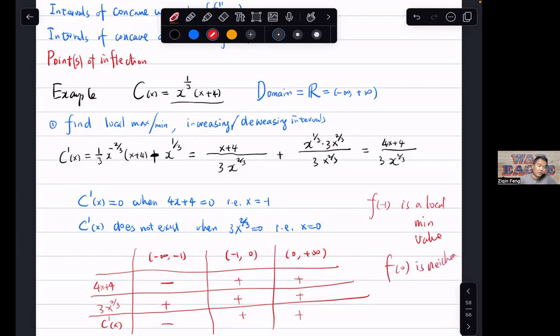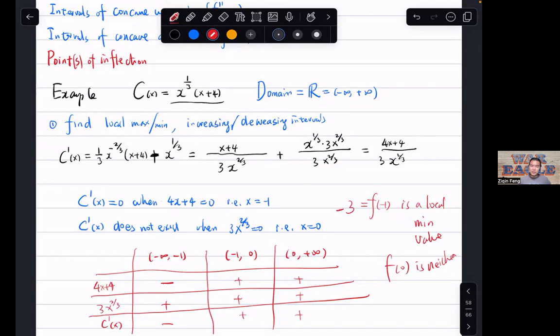So that's neither a local maximum nor local minimum, right? f of -1, what's that? If you try to do that, f of -1 is 3, right? So f of -1, you plug -1 into here, which is -3, sorry. So that's the local minimum value. We don't have a local maximum, right?